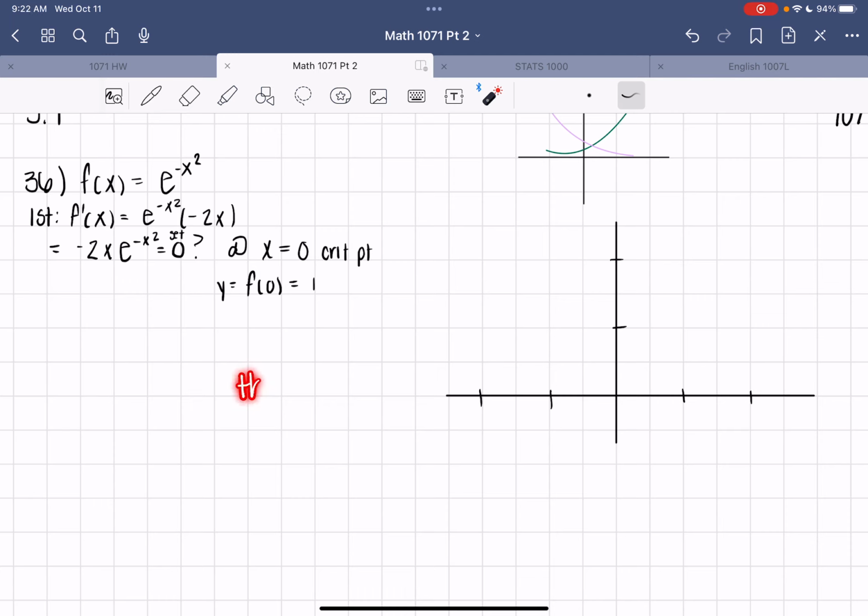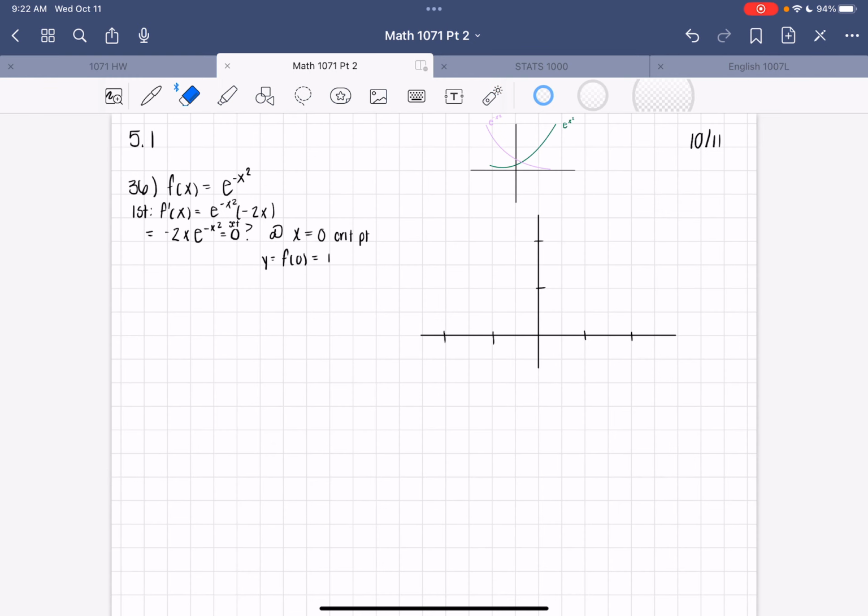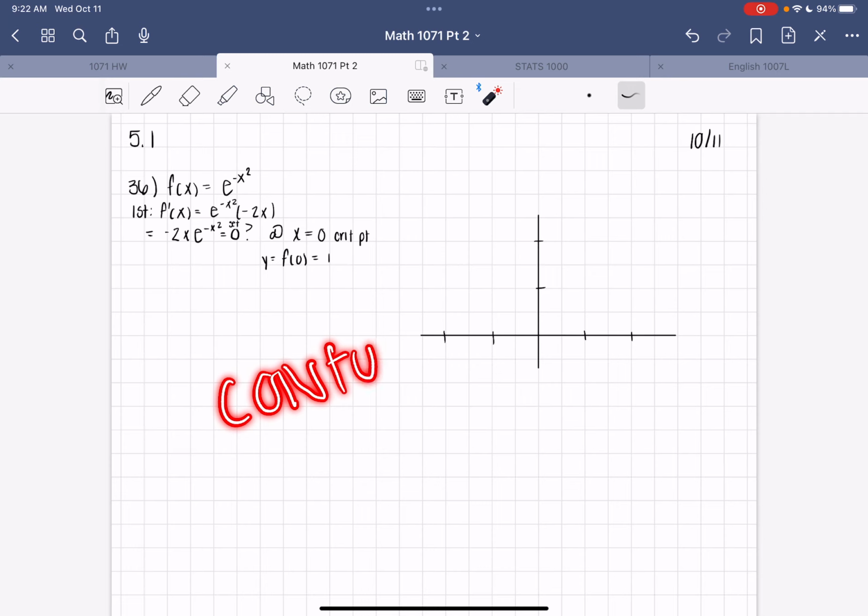I'm okay. So I got one critical point, I got two intervals. So let's do our intervals, over which I'm going to test one point to conclude something about shape. My black is correct, my purple is not.